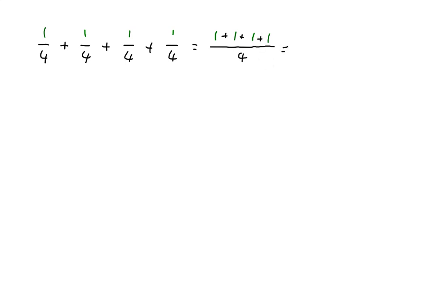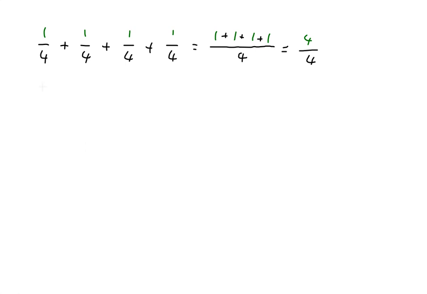Okay? And there's nothing complicated. It's 1 plus 1 is 2, plus 1 is 3, plus 1 is 4. So you have 4 in the numerator and 4 in the denominator. So this was quite easy.